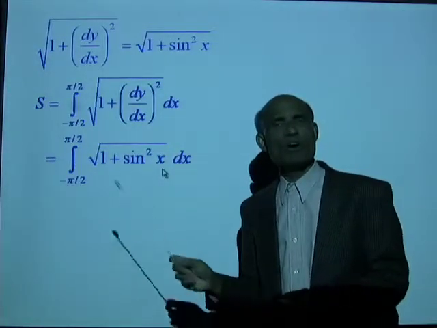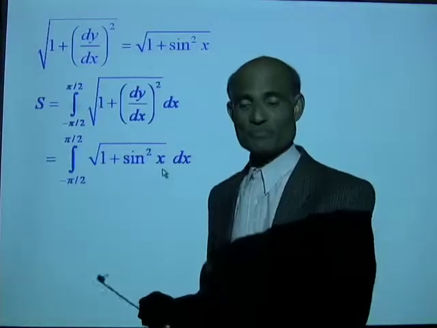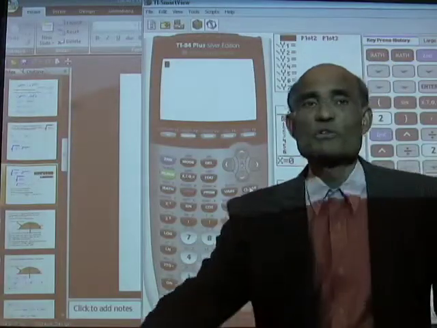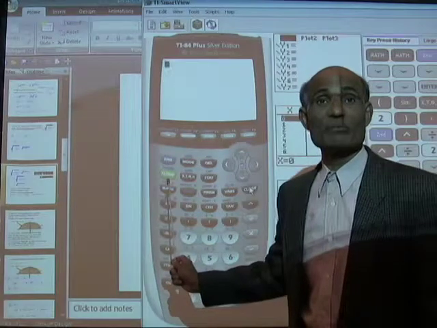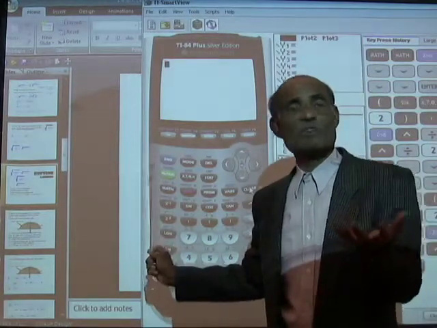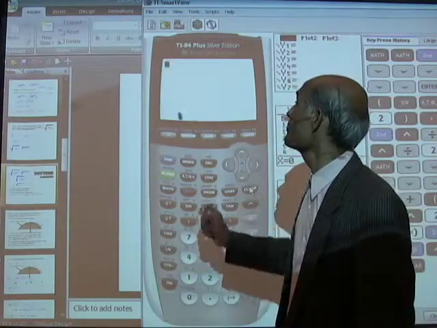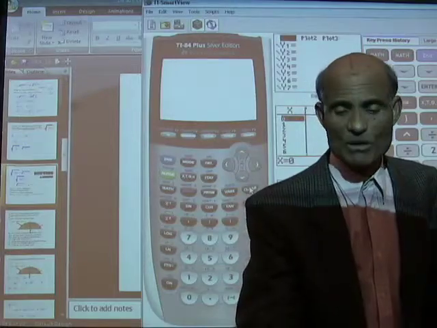Now, how many of you know how to use your calculator to do this integration? Okay, I'm going to show you how we can do it on the TI-84. If you have a TI-83, the keystrokes are basically the same. So you can either use the TI-84 or TI-83. But before that, let me turn off this light.